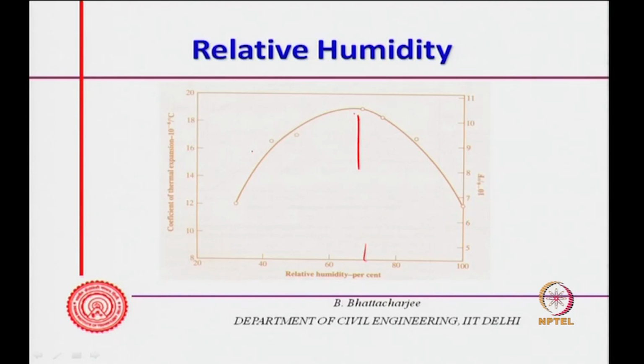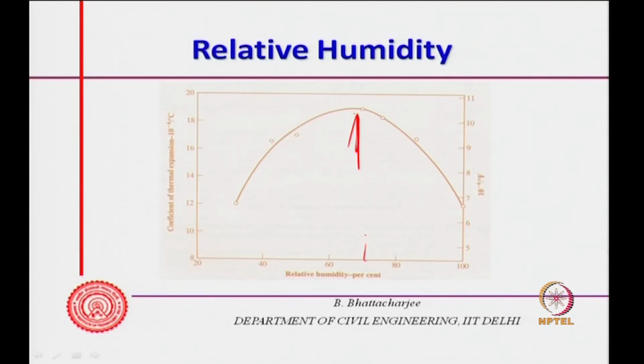The stiffness of the system will also change, because as we discussed earlier, the absorbed water actually changes the properties of the gel itself. So, depending upon the relative humidity, the coefficient of expansion changes. It is actually observed that the coefficient of expansion is maximum at about 70% relative humidity.